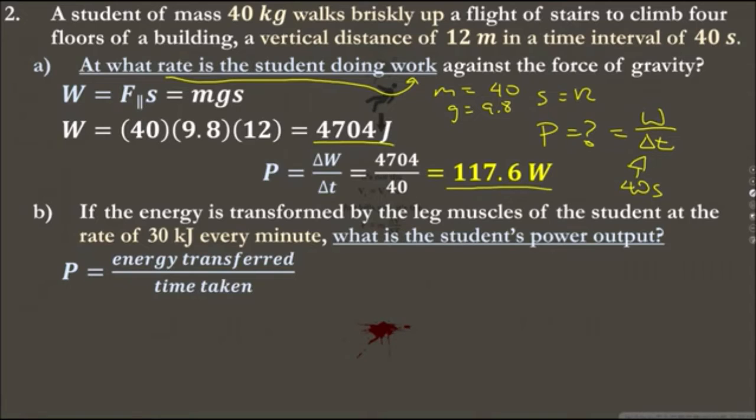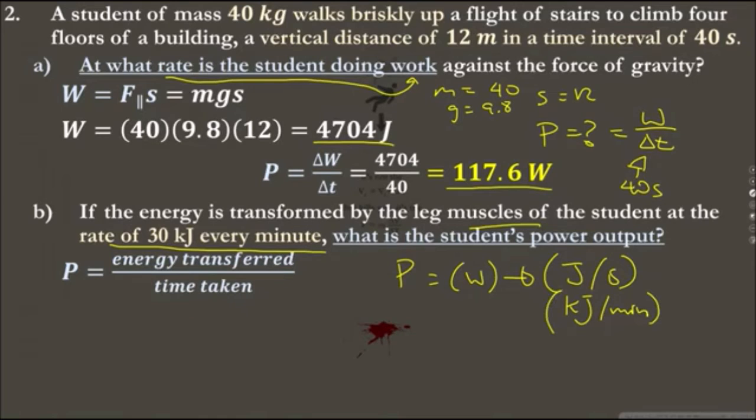Question B, if the energy is transformed by the leg muscles and the student is outputting 30 kilojoules every minute, what is the student's power output? So we know that power is given in units of watts. Watt is given in units of joules per second. What we have is kilojoules per minute.